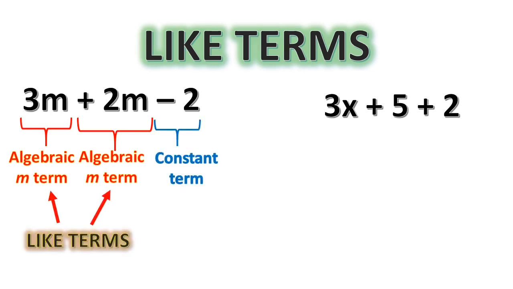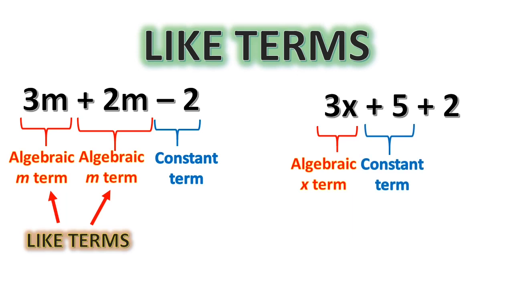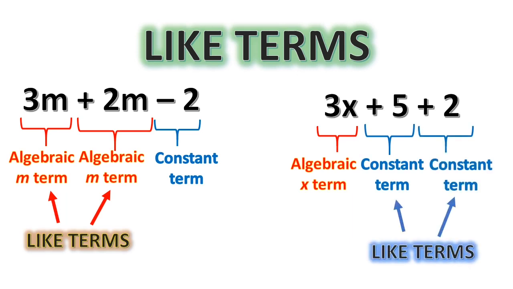Well, obviously the algebraic m terms are called like terms, and they can be combined through addition. On the other expression, I have an algebraic x term, and I have a plus 5 constant and a plus 2 constant, so the two like terms, the constant terms there, could be combined.